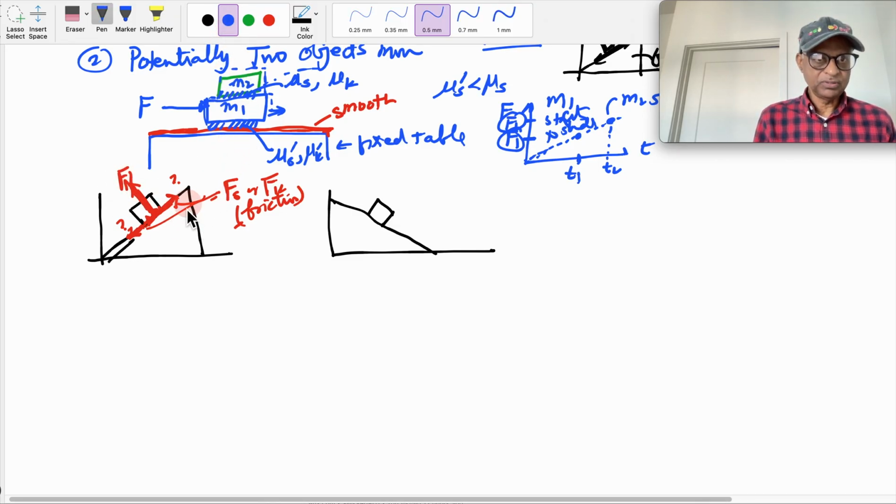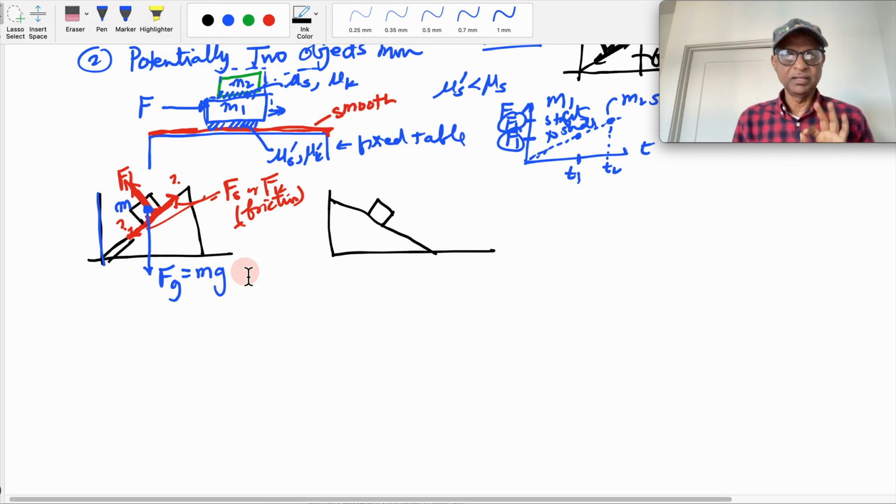And then of course you're going to have a force that's vertical, straight down, parallel to the vertical axis, at the center of mass: gravity, Fg. If this is mass m, its value is always mg, and we're going to stay symbolic.